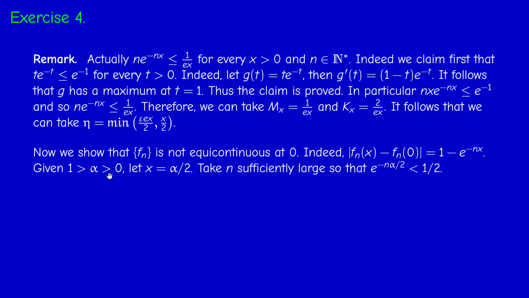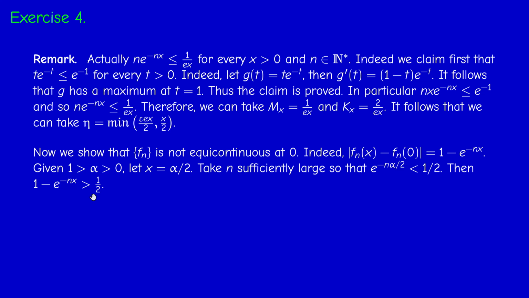Now let alpha be any positive number less than 1, and take x to be alpha over 2. And now, since e to the minus n alpha over 2 converges to 0, then in particular it's less than 1/2 for n sufficiently large. Okay, so this is e to the minus nx, same thing, less than 1/2. And therefore, for 1 minus e to the minus nx, minus e to the minus nx is bigger than minus 1/2.